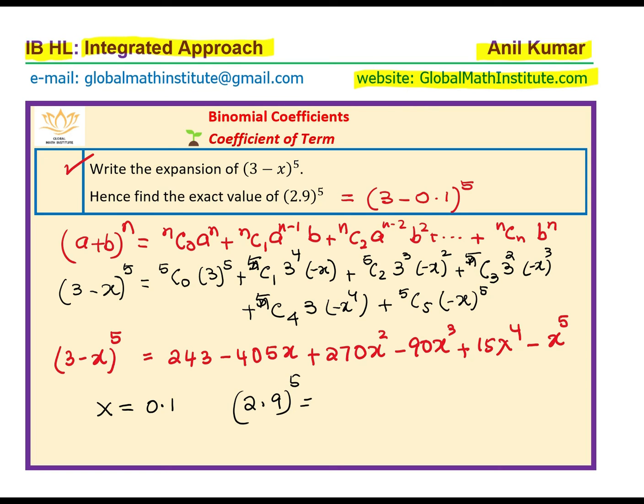You can very clearly see that 3 to the power of 5 is 243. It has to be lesser, right? And so this term itself will reduce it by 40.5. And then we are slightly increasing and decreasing. But in the first two, three terms, if you consider these three terms, you'll get fairly accurate value for 2.9 to the power of 5.